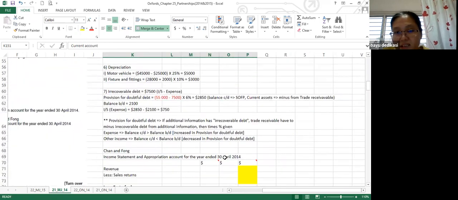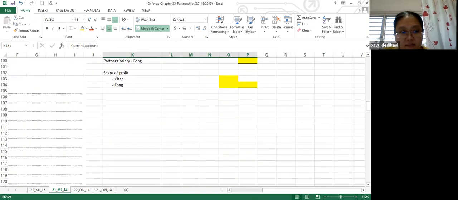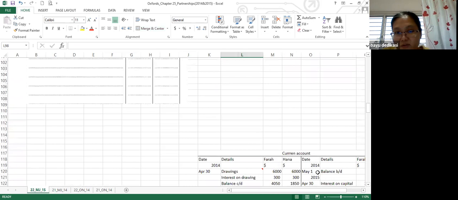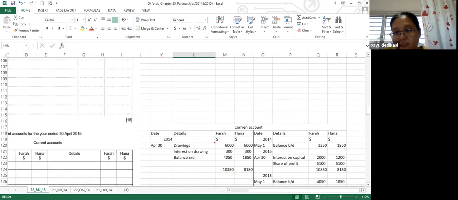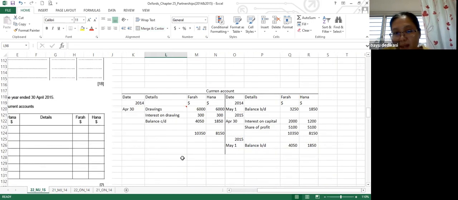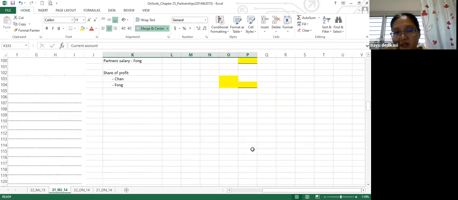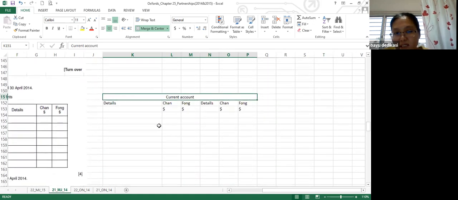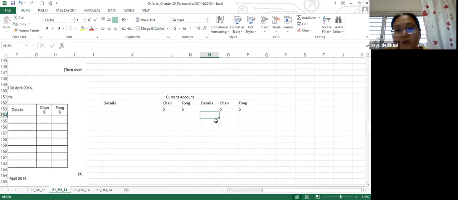The position for the current account. If I'm not mistaken, this question also asks for current account. So for this format, drawing, interest on drawing, balance brought down, interest on capital, share of profit, all this information can be utilized in here. I will put in the format based on this question, the numbers you find yourself.